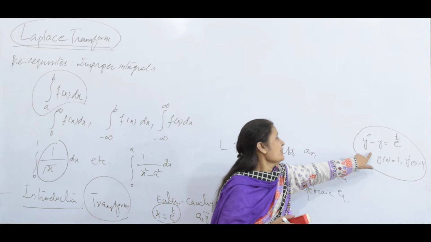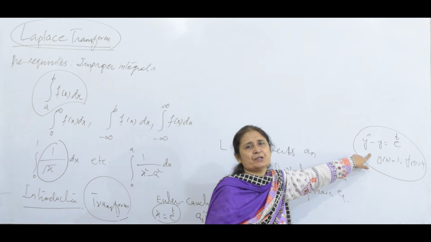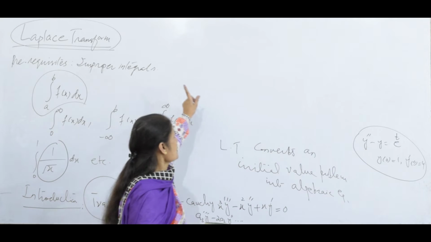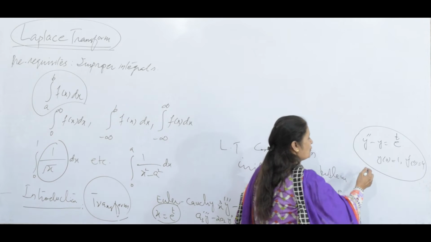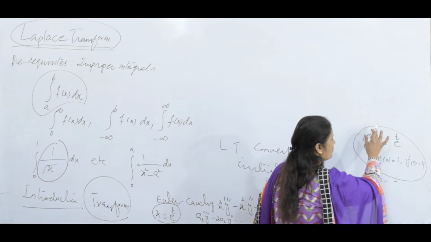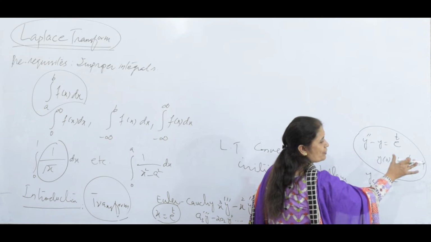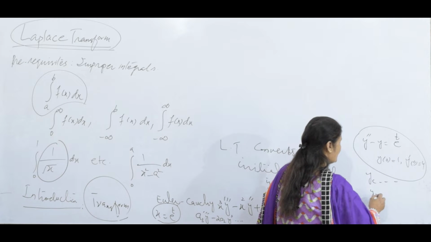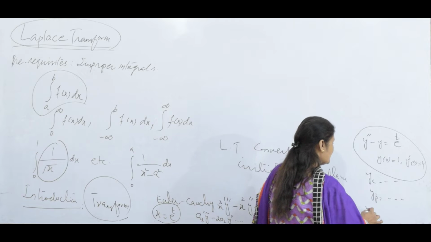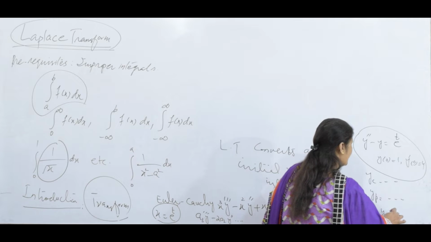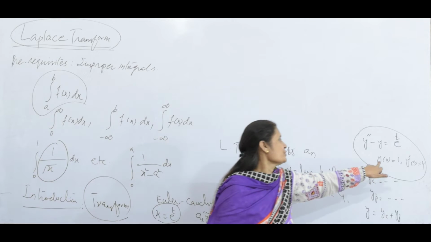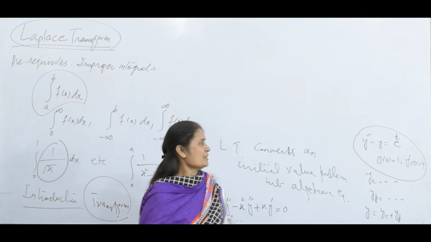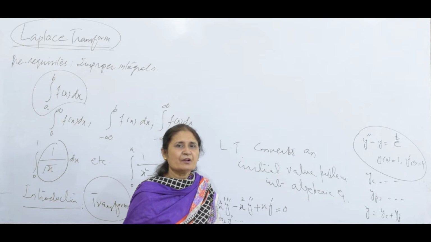If we were solving by using the ordinary differential equation method, with the D operator for the homogeneous part, and then finding the particular integral, we write down the general solution by adding these two, and then we determine the constants by applying the condition at the initial point.